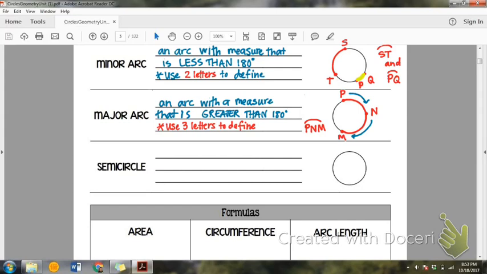Okay. The last thing we're going to talk about as far as definitions is concerned is a semicircle. Okay, a semicircle is an arc with endpoints that lie on the diameter.